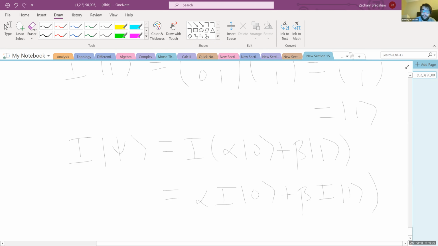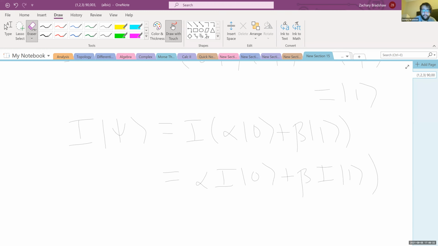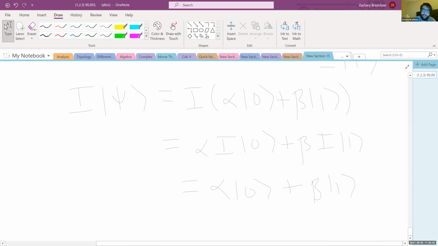The identity we just figured out does nothing to 0, and it does nothing to 1. So this gives us back alpha 0 plus beta 1, which is our original state psi. So I does absolutely nothing to any state ever. It's the most uninteresting operator you can think of, other than maybe 0. But even that does something.